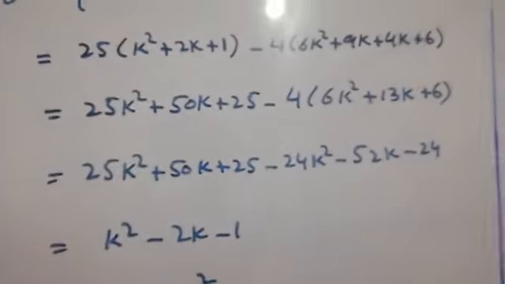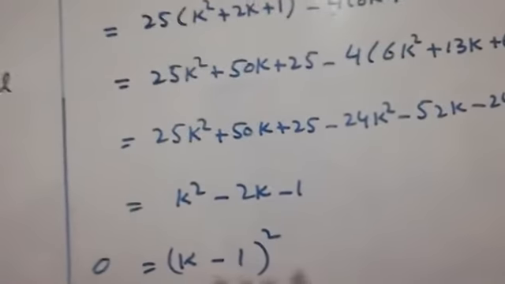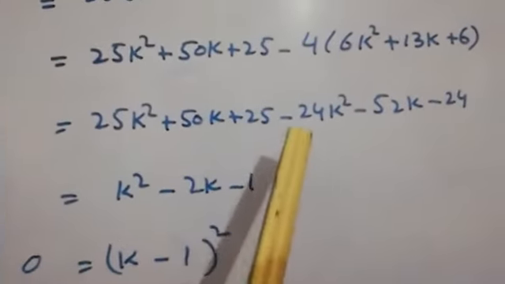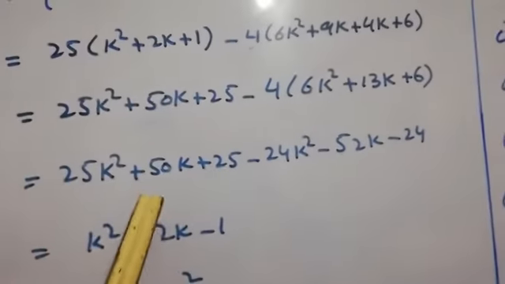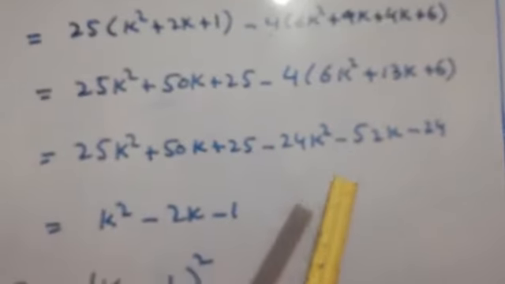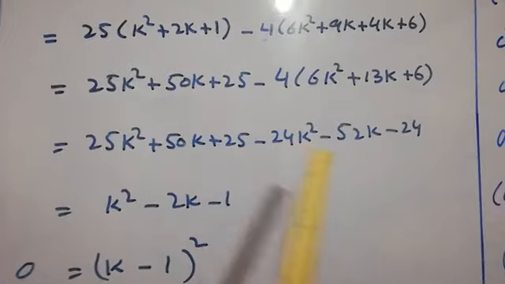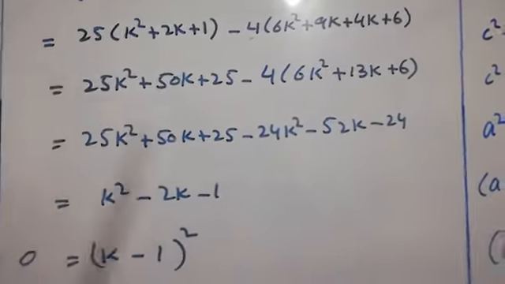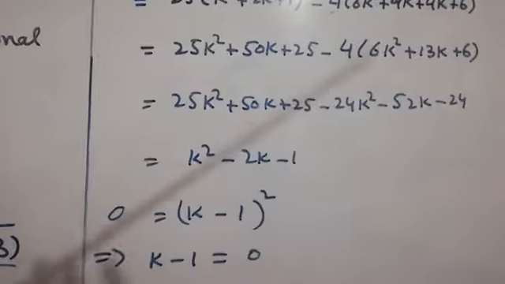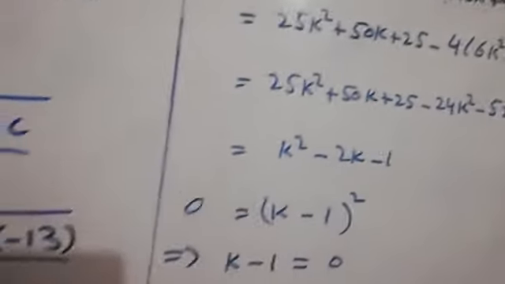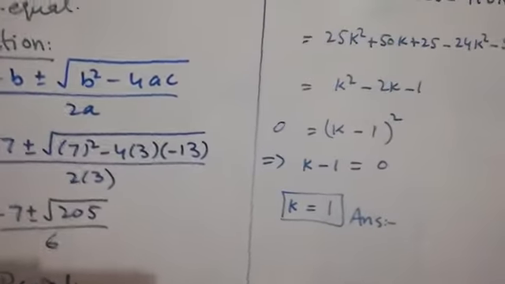Now we will combine all the values and we will get 25k² − 24k² equals k². 50k − 52k is equal to −2k, and 25 − 24 will become plus 1, not minus 1, because 25 is a positive value.